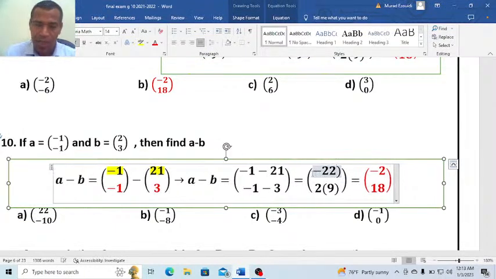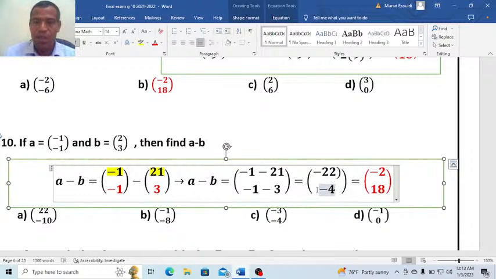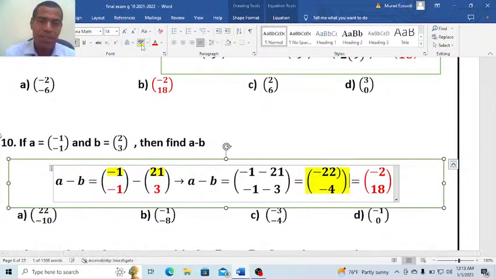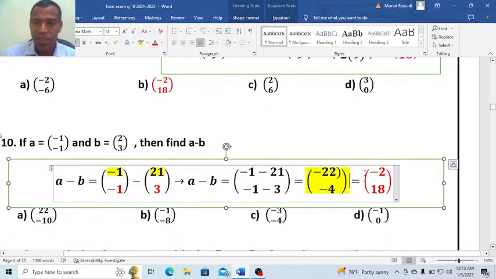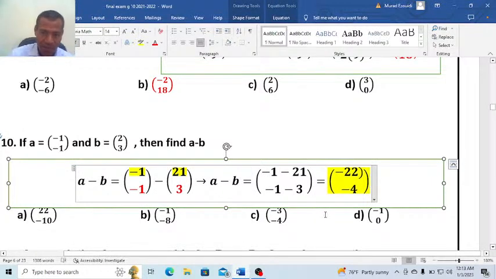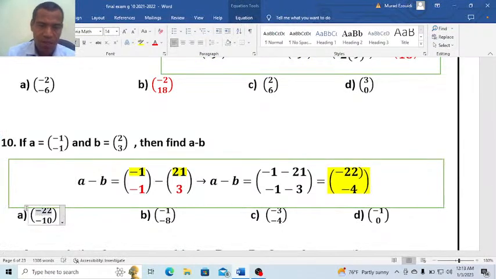Okay, and here down I'm going to write the y value, which is negative 4. So negative 4. Therefore, learners, the correct answer here is, okay, I'll just change this one, negative 22, to negative 4.